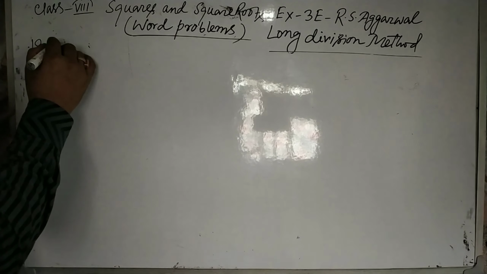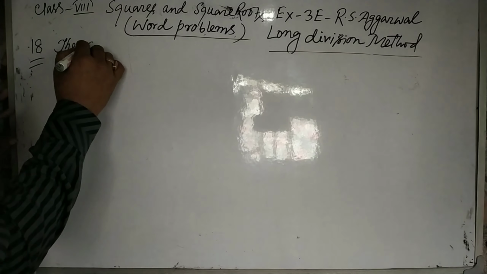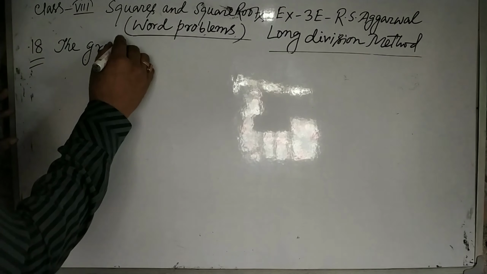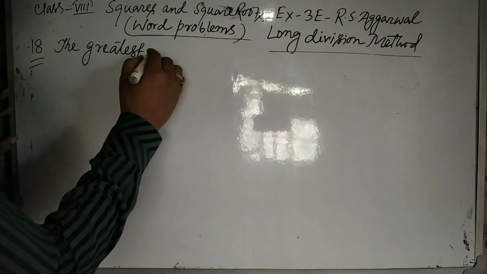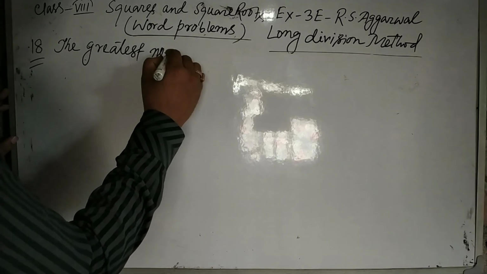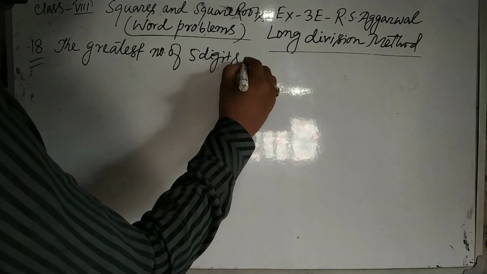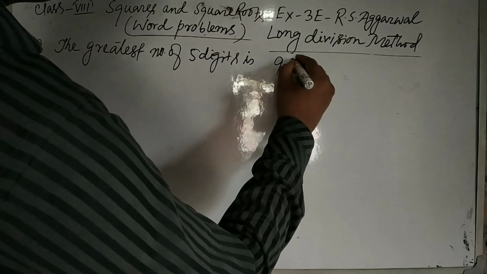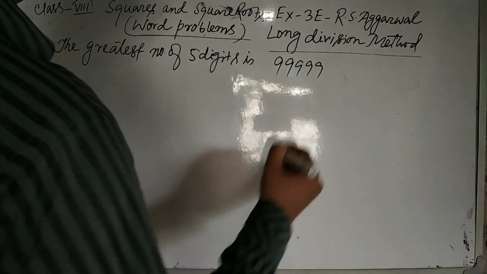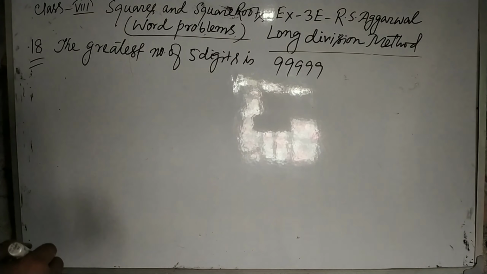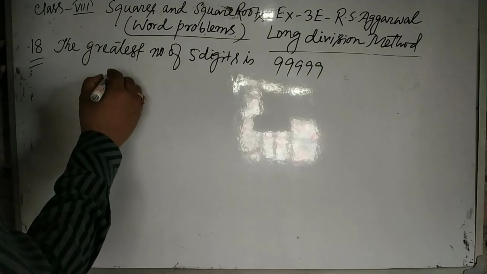First of all, write down the greatest number of 5 digits, which is obviously 5 nines. Then you have to apply the long division method on this number.